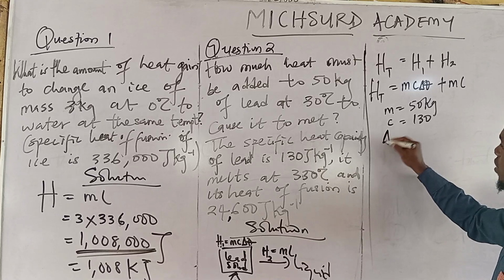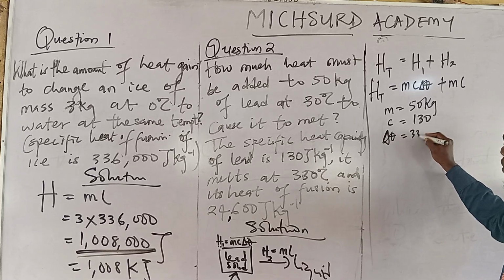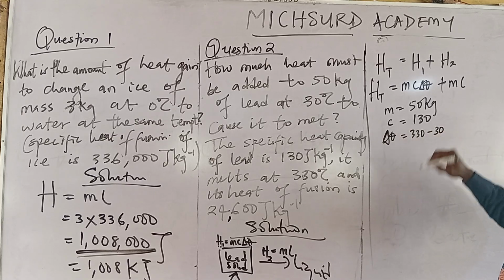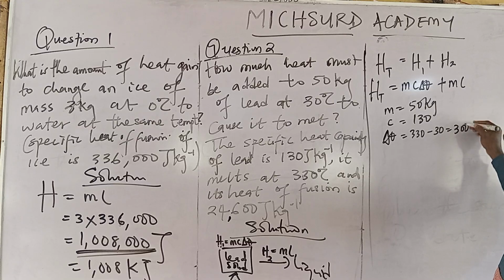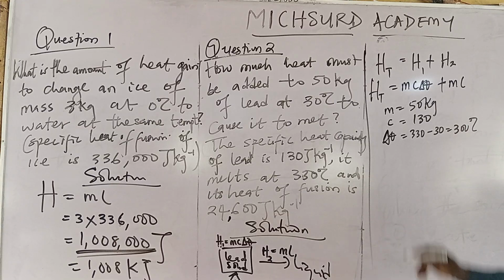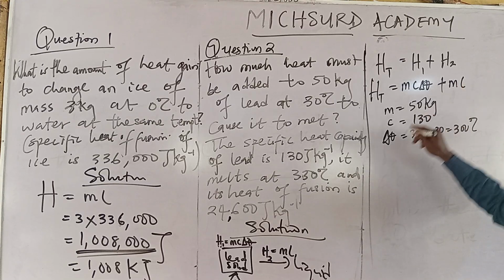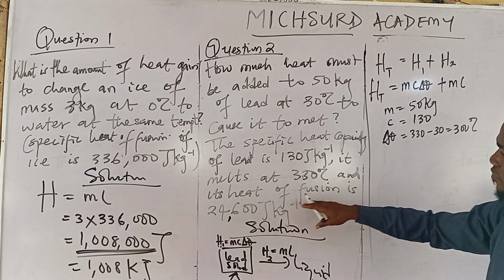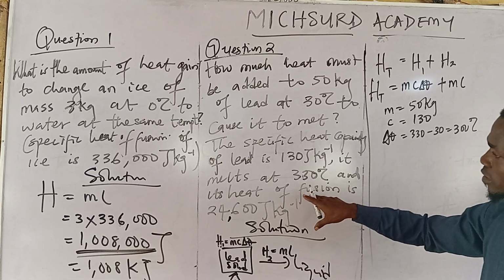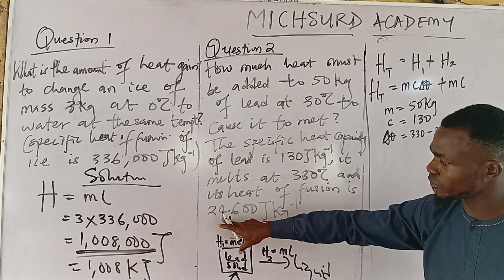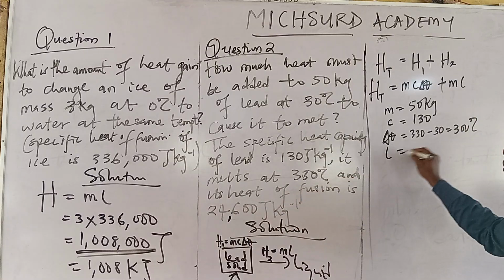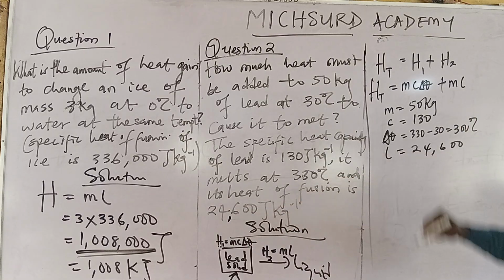So the change in temperature is 330 minus 30, which gives us 300 degrees Celsius. And we have the specific latent heat, which is given as 24,600.